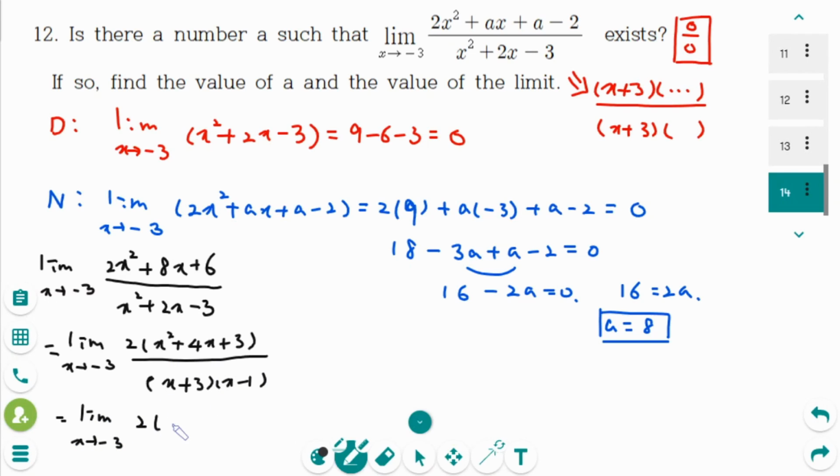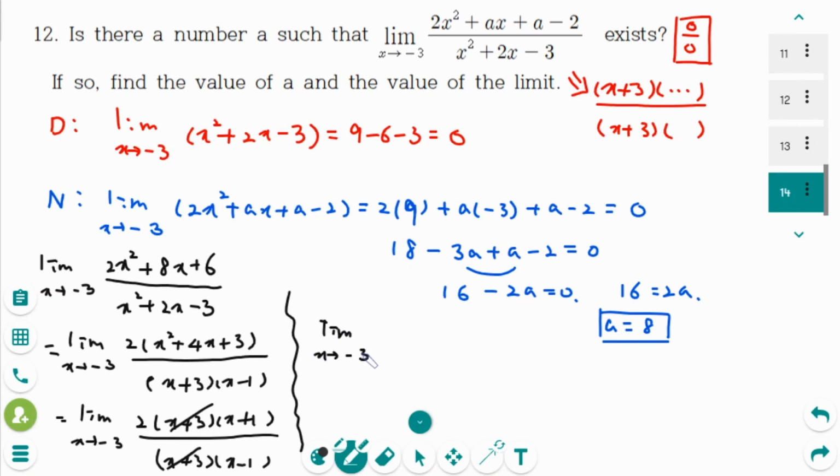And then this one, x plus 3, x plus 1. And then we can cancel x plus 3 as a common factor. And then 2 times x plus 1 over x minus 1. So put minus 3 into x.